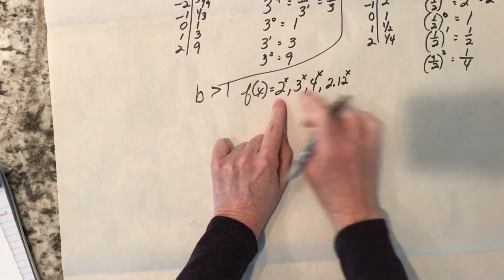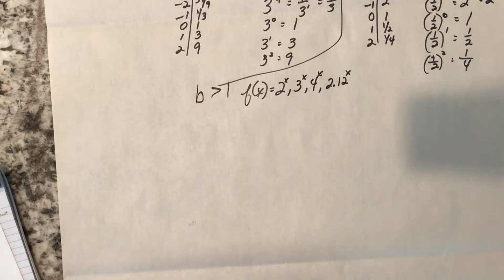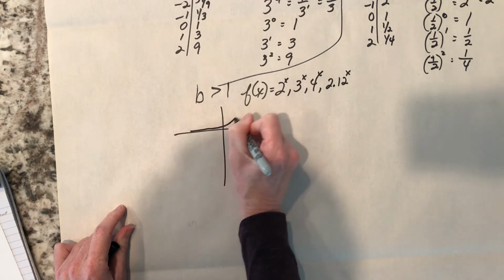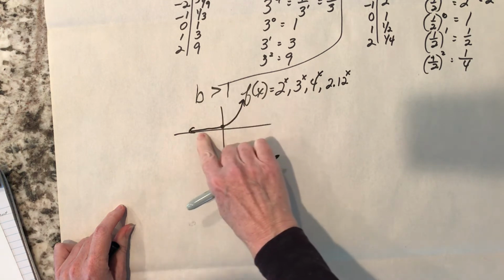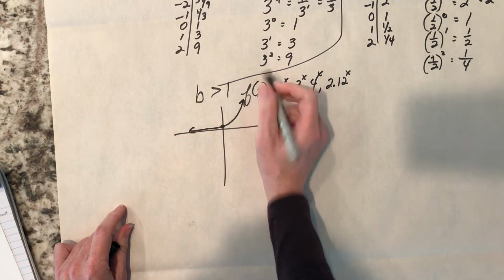Some number bigger than 1, raised to the x power. Then the graph is going to go through 0, 1. It's going to hug the x-axis as it goes out toward negative infinity, and it's going to rise steeply on the right-hand side.